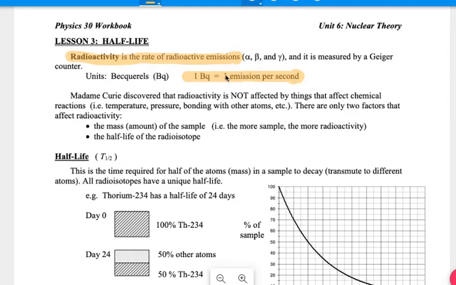So these are becquerels. They are one emission of any type. It's not specific to gamma rays or alpha or beta particles. It's just an emission of a particle each second. So if we're emitting 10 of these each second, we're going to have 10 becquerels. And these are all measured using a Geiger counter.